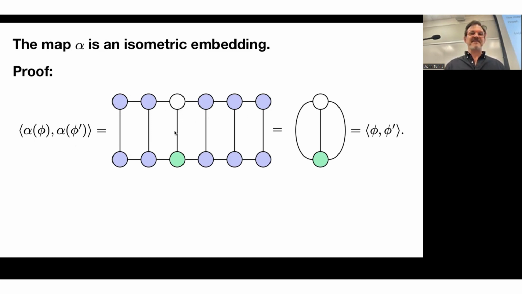You would do this, except instead of contracting this white index and the green index, you would just leave it open. And that would be a physical site by physical site matrix, which would be the reduced density.